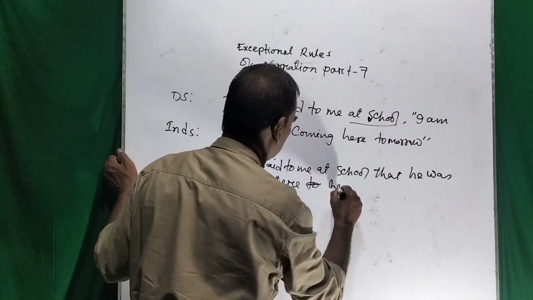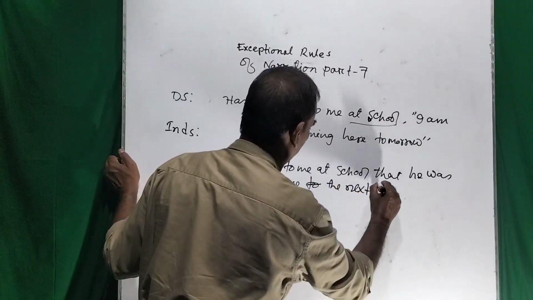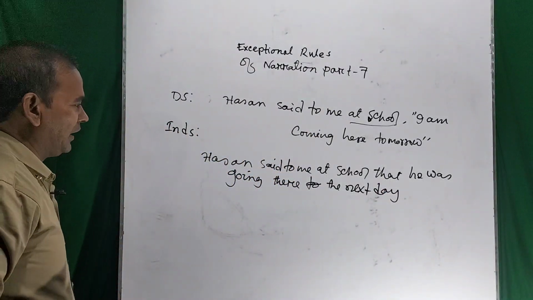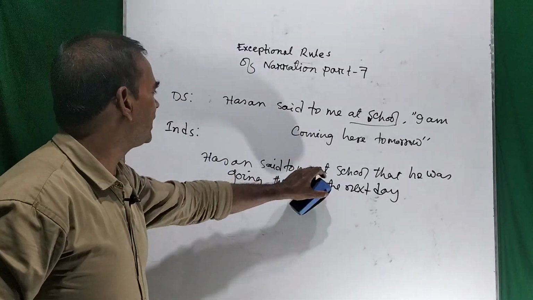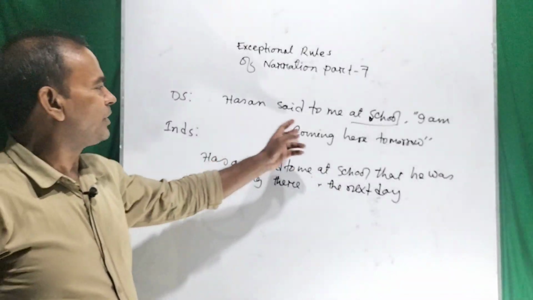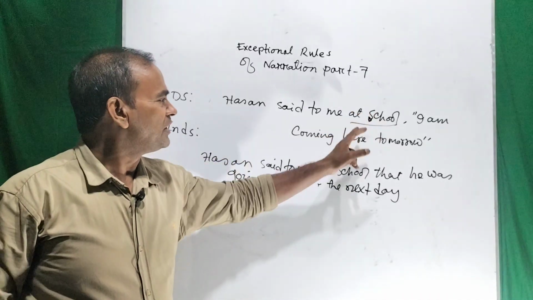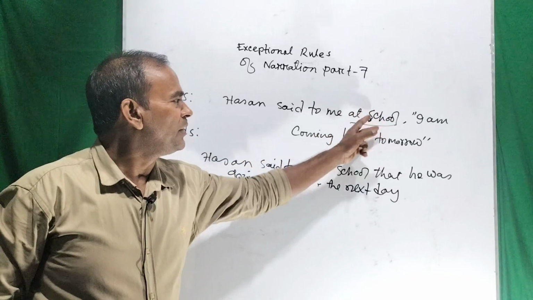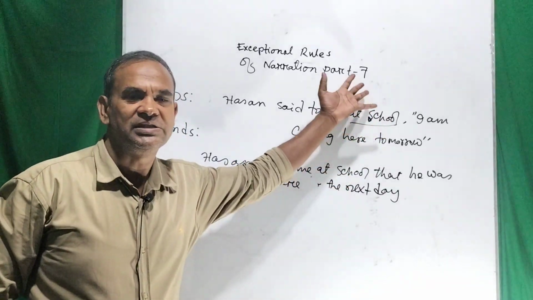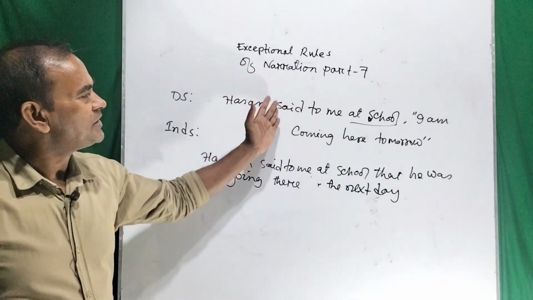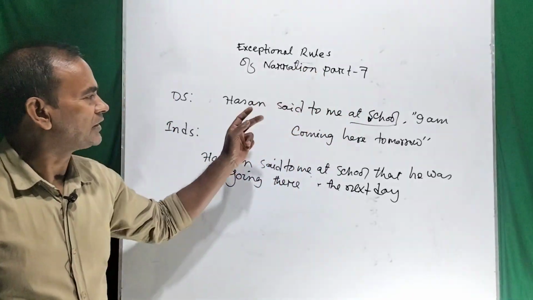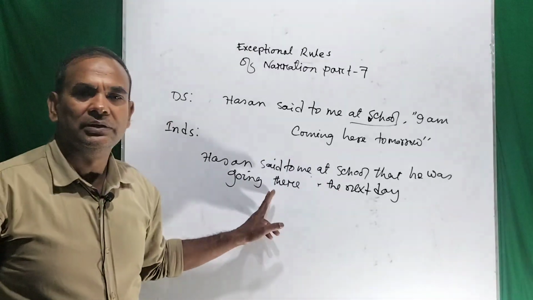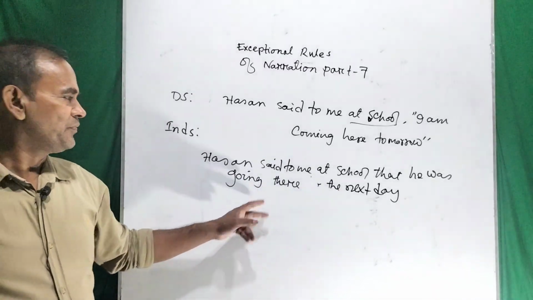Sorry, the next day. So dear students, you can see in this case, "here" has been very obviously expressed in the direct speech. That means "here" means the school, or "at school" means "here". So this is very specifically and clearly expressed in the direct speech, and it has been changed into "there" in the indirect speech.